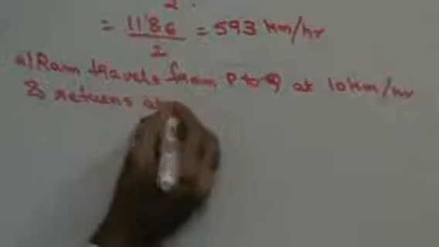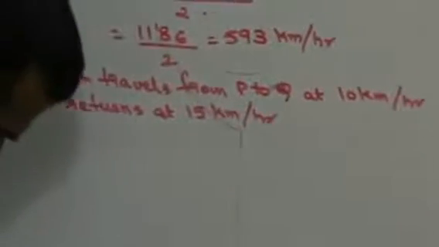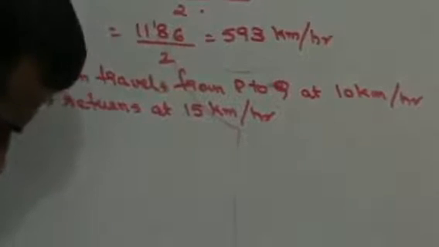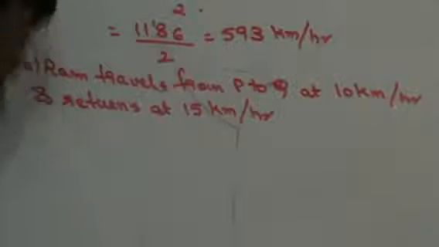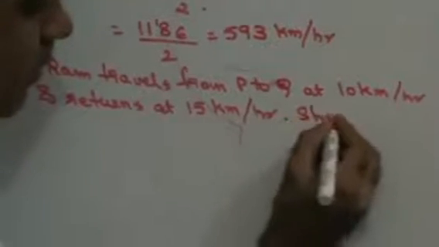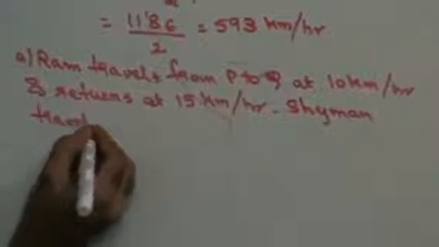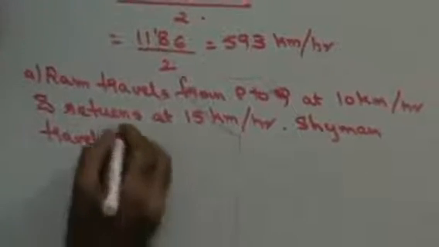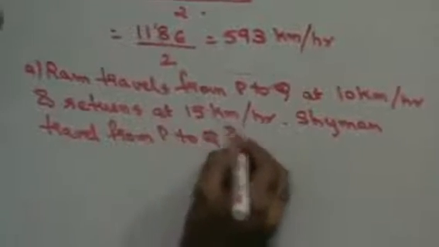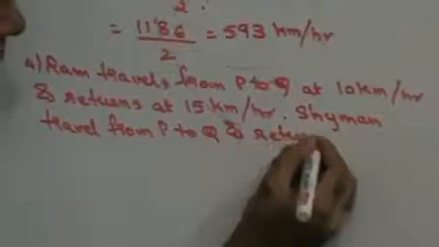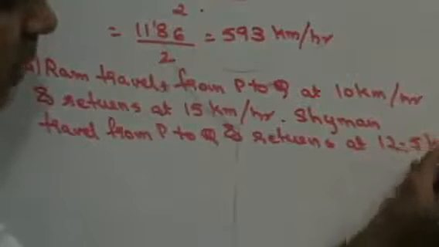Shyam travels from P to Q and returns at 12.5 kilometers per hour.